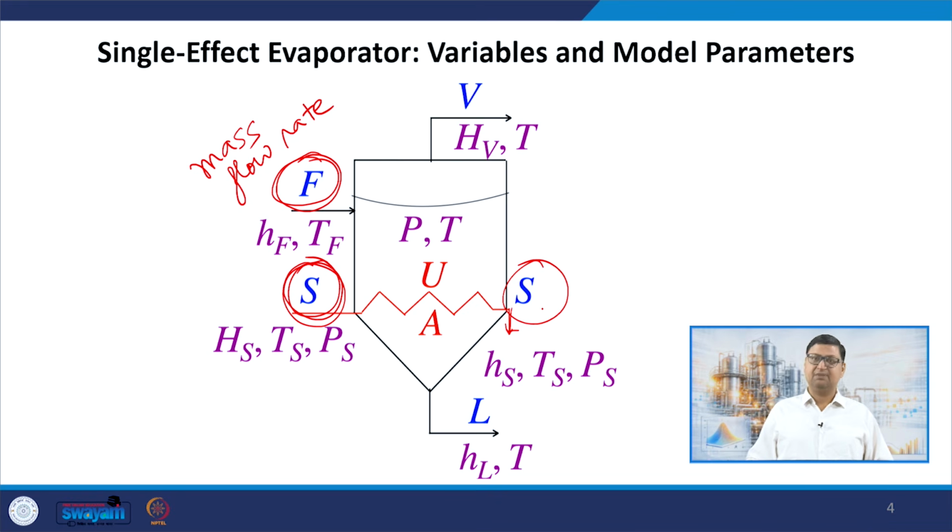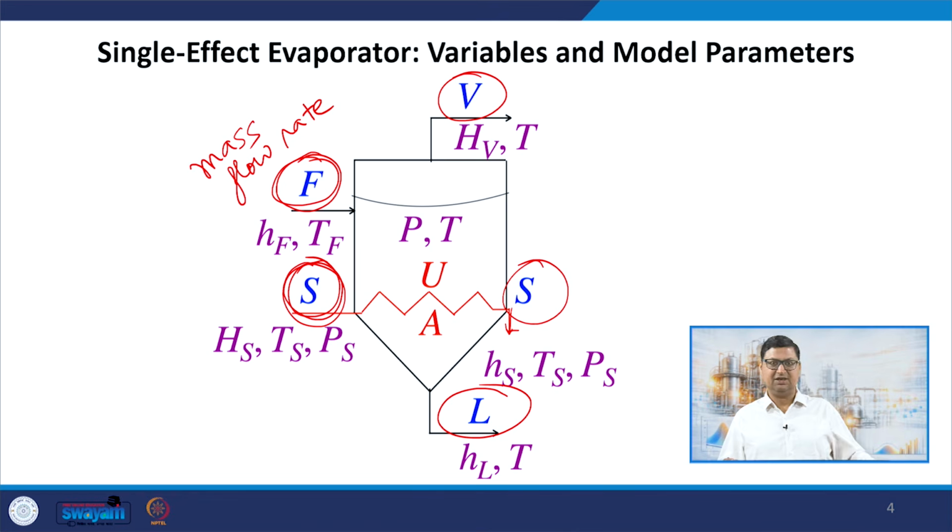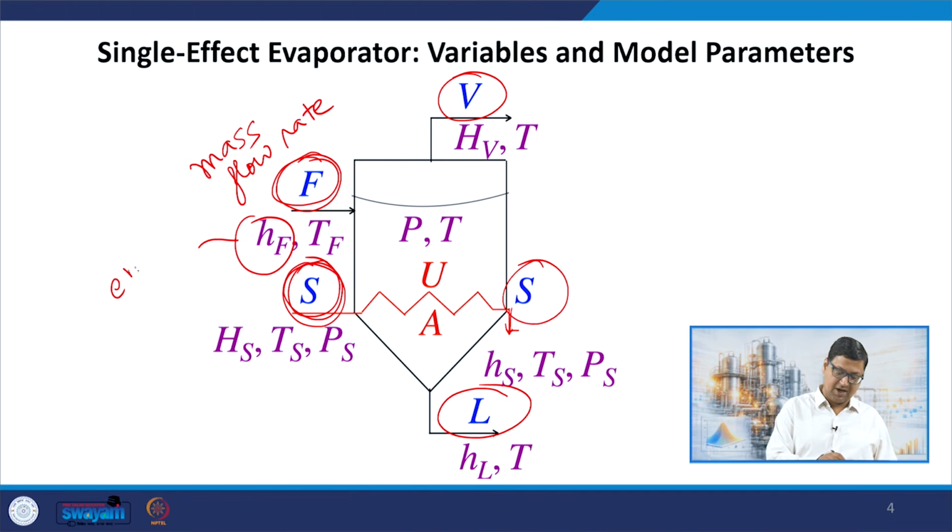The feed gets divided into two parts: a vapor part with a mass flow rate V and a liquid part with a mass flow rate L. Now clearly, as we did for the energy balance for chemical reactors as well, whenever a feed is coming, it is carrying some thermal energy along with it, which we can characterize in terms of enthalpy per unit mass.